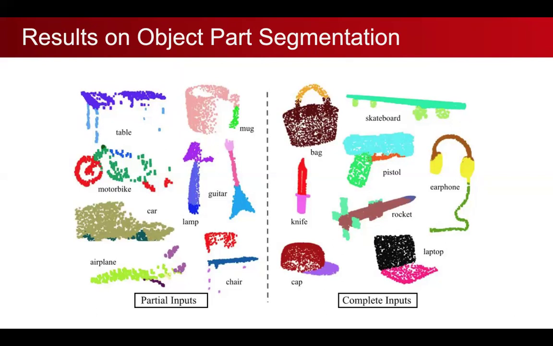And just seeing part of the points, it can segment the parts very faithfully. Like in the case of this mug, there's many parts missing. In the case of the table, it still is able to segment the top of the table, the legs of the table. So it's very powerful, this kind of analysis.